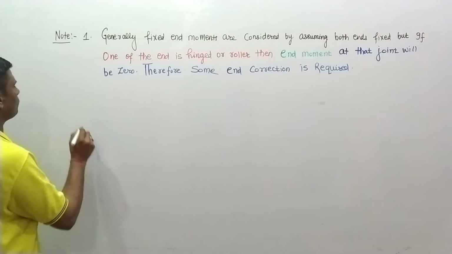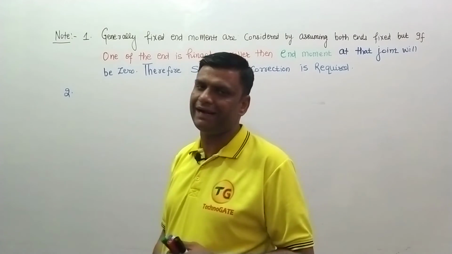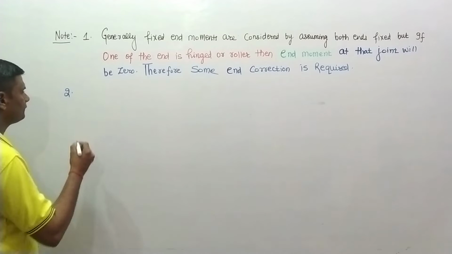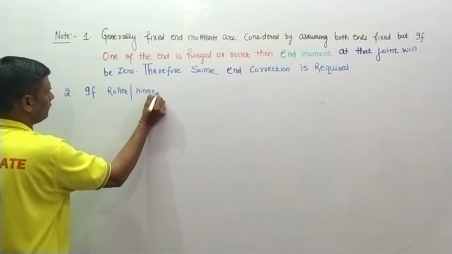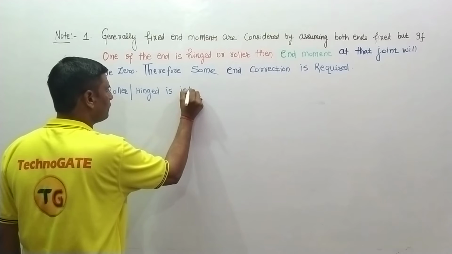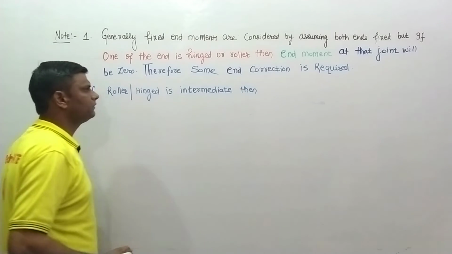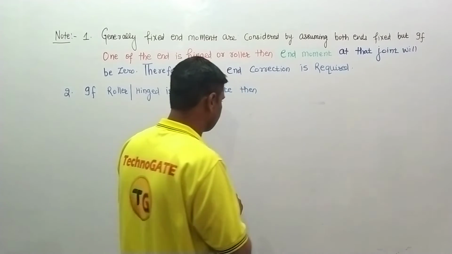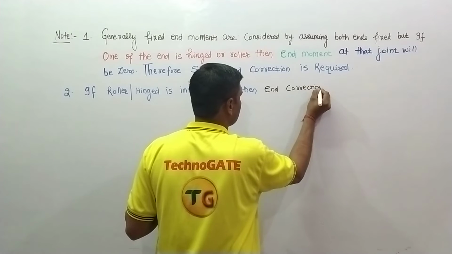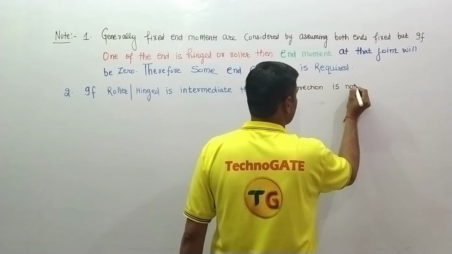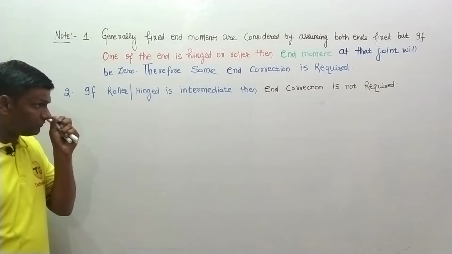If the intermediate support, roller or hinged, is intermediate, then end correction is not required.